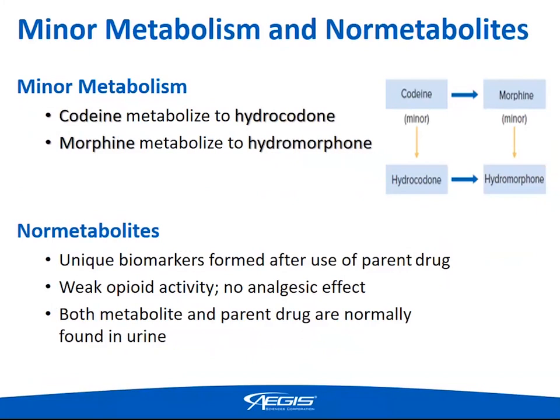Nor metabolites of opioids such as norcodeine, norhydrocodone, and noroxycodone are unique biomarkers formed after the use of the corresponding drugs. For example, norcodeine after codeine ingestion is a product of CYP3A4 metabolism. Although these metabolites possess weak opioid activity, they are not likely to contribute to the overall analgesic effect.